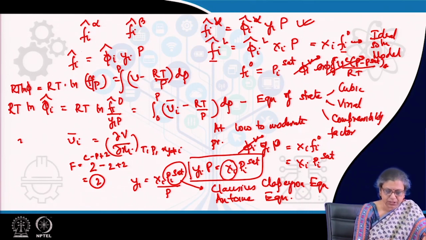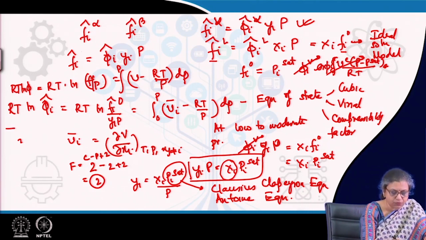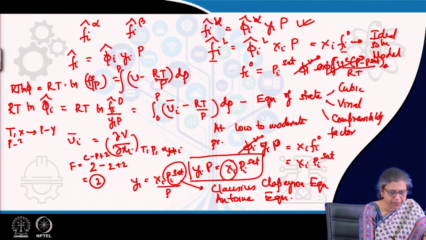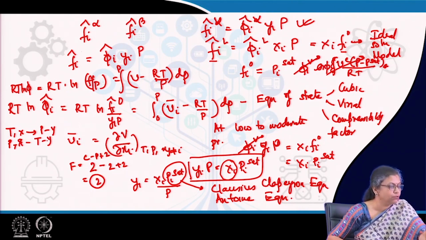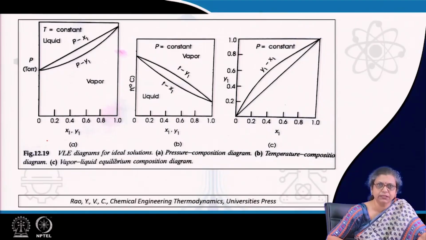So by convention, we either know T and x and we can express P and y, or maybe we know P and x and we can express T and y. In this way, we can find out the vapor liquid equilibrium under different conditions.